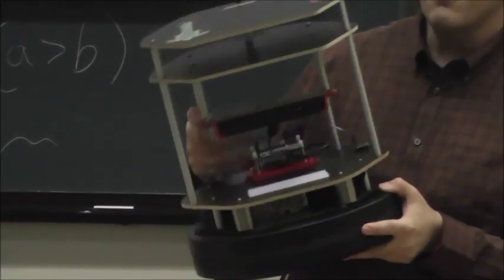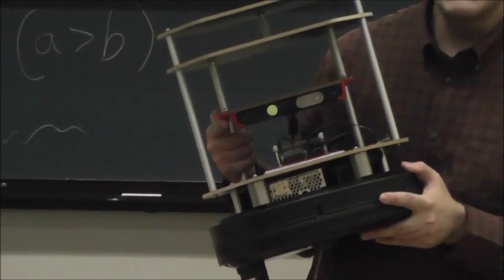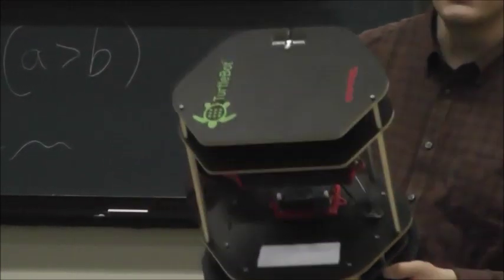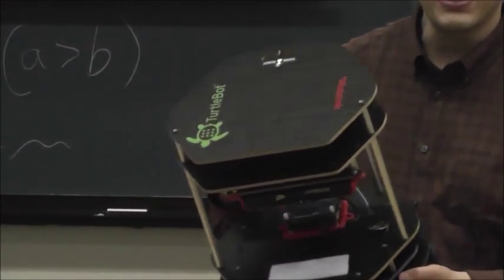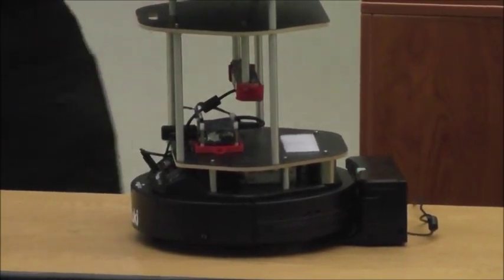And on top of that, we put an Asus Xtion Live camera, which is an RGB-D color and depth camera. And there's an Odroid XU4 computer in it. And of course, Wi-Fi, but knowing that I didn't bring my own router, and last time I tried that, it didn't quite work. I brought my own network cable.